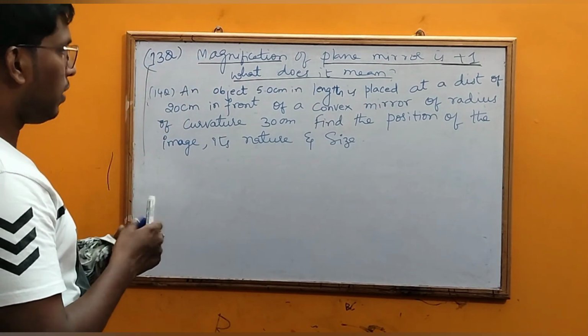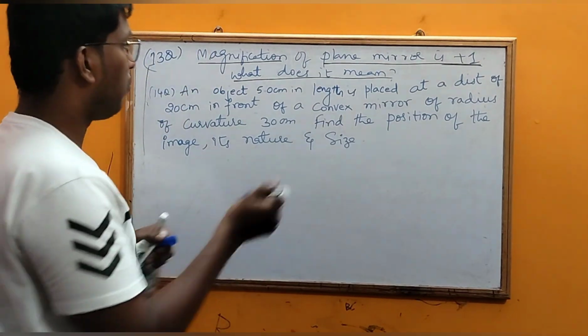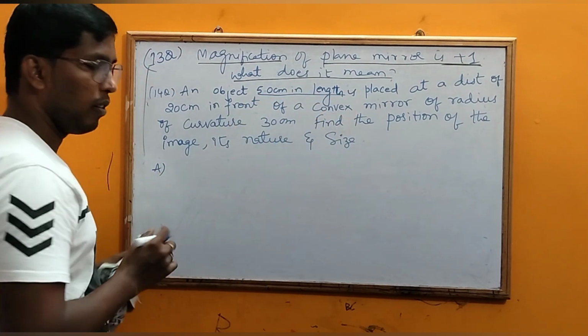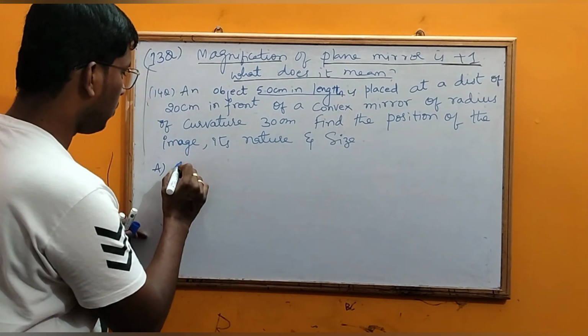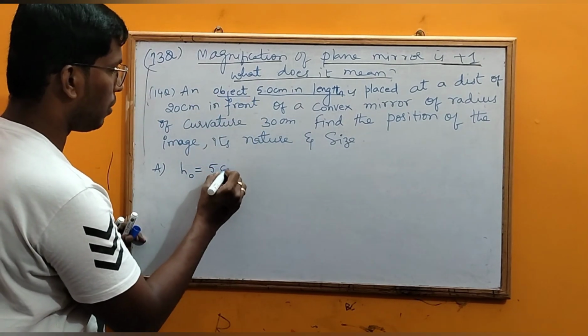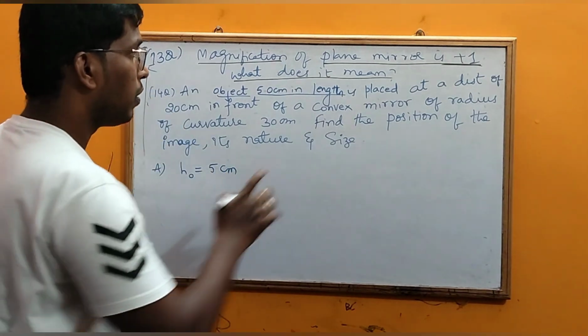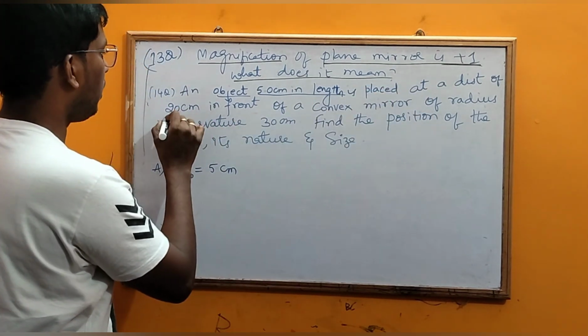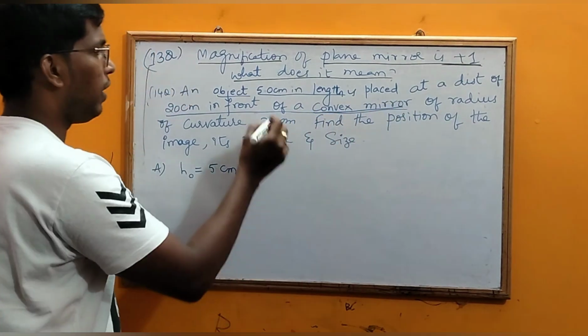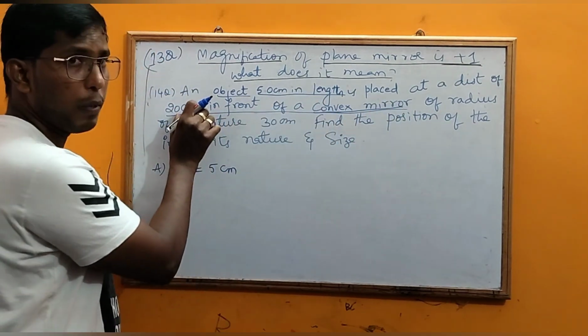The question is, an object of 5 centimeter in length. 5 centimeter in length, it means object H0 is equal to 5 centimeter, object height, placed at a distance of 20 centimeter in front of a convex mirror. This is very important. Convex mirror, and that object is placed how much distance? 20 centimeter.